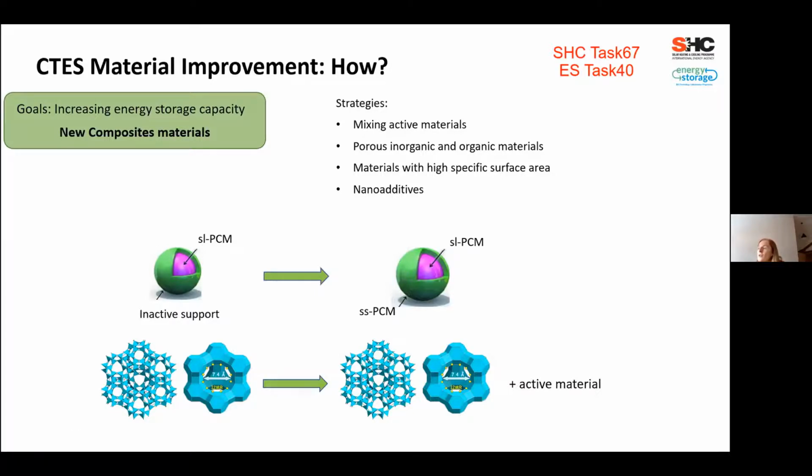And of course, we have to be sure that the materials work in the same range of temperature. The same we can do with the porous material. In this case, we have absorption materials. We can use them as they are, just with the absorption of water, but we can confine into the porous material another active material that will react and will contribute to increase the storage capacity.